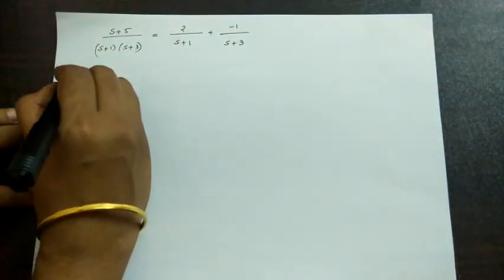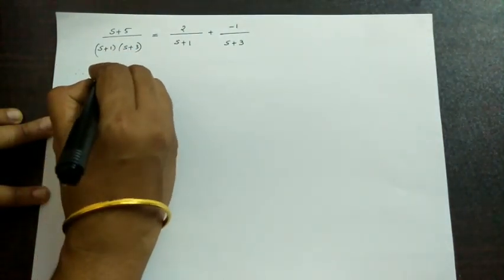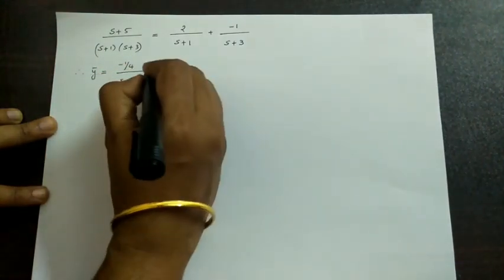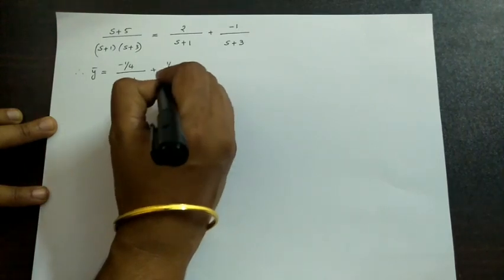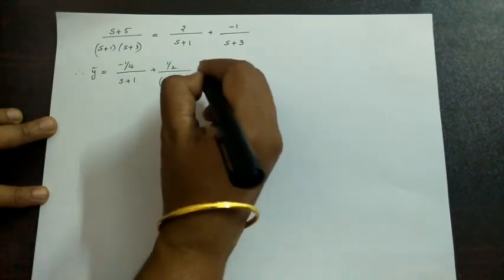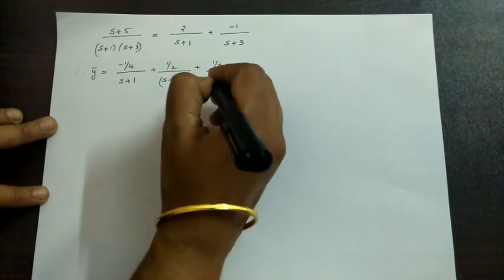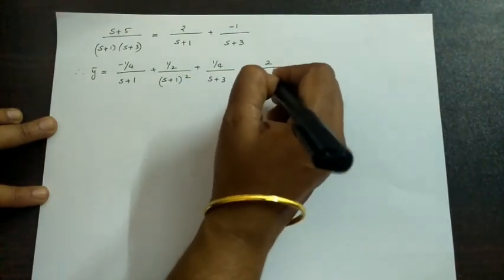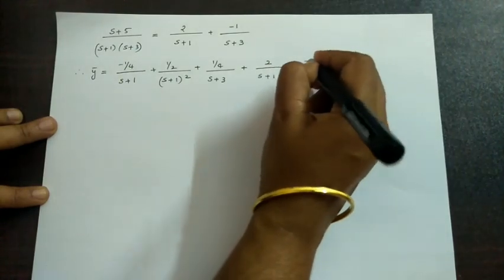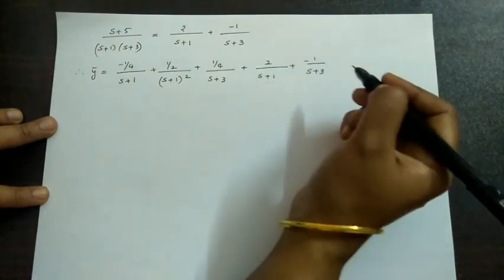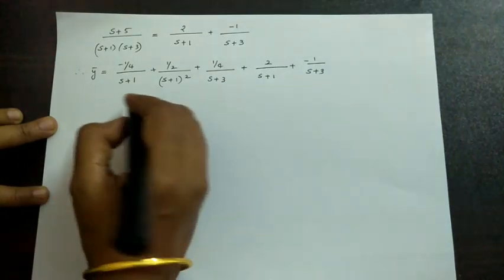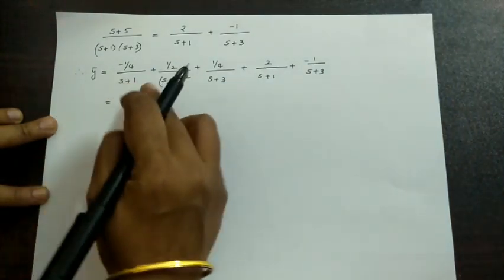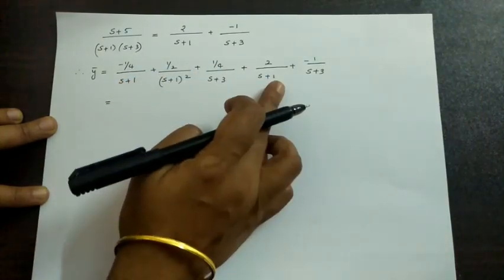Therefore we can write y bar as minus 1 by 4 by s plus 1, plus 1 by 2 by (s plus 1) the whole square, plus 1 by 4 by s plus 3, plus 2 by s plus 1, plus minus 1 by s plus 3. You can write y bar like this. Now we have two terms containing s plus 1.